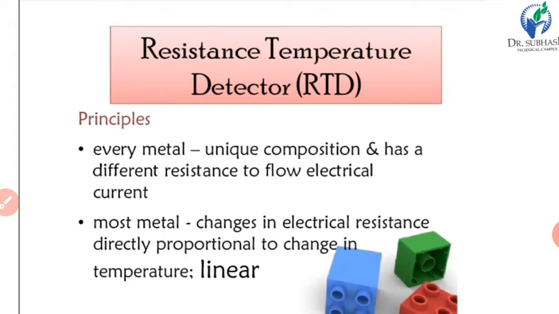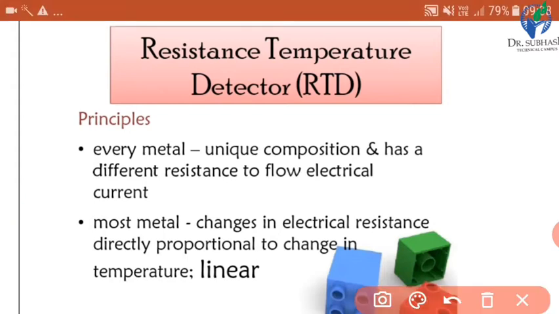Now, what is the principle of a resistance temperature detector? Every metal has a unique composition and a different resistance to the flow of electrical current. We know that the ability of a material to flow electric current is known as conductivity.